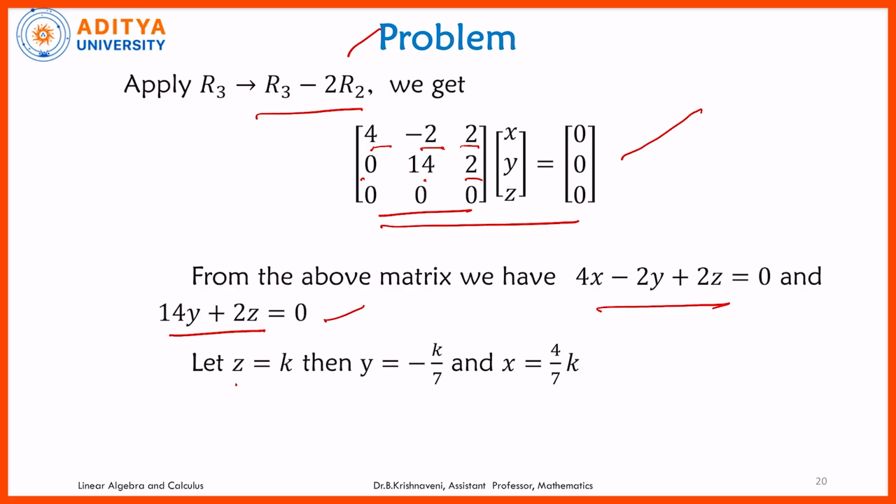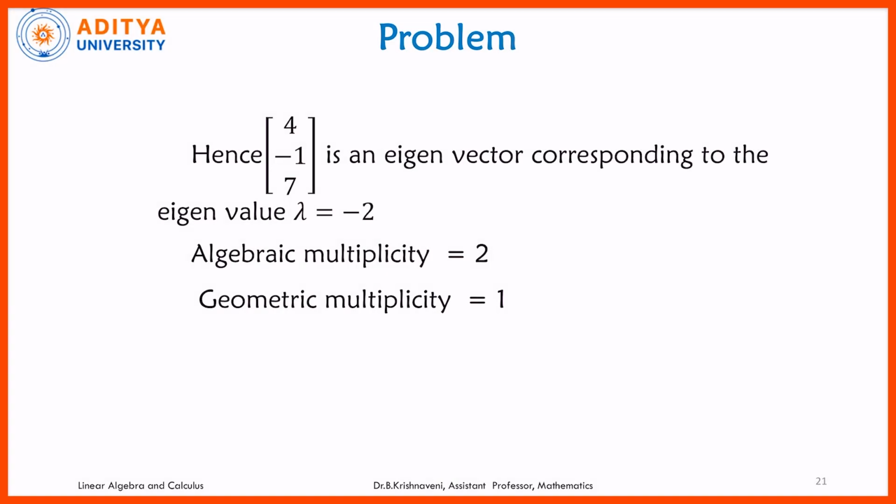Again, fix one of the 3 variables as an arbitrary constant; let us consider z equal to k. On simplification, using this equation, y equal to minus k by 7, and using this equation, x equal to 4 by 7 k. Therefore, the eigenvector corresponding to lambda equal to minus 2 is 4, minus 1, 7.